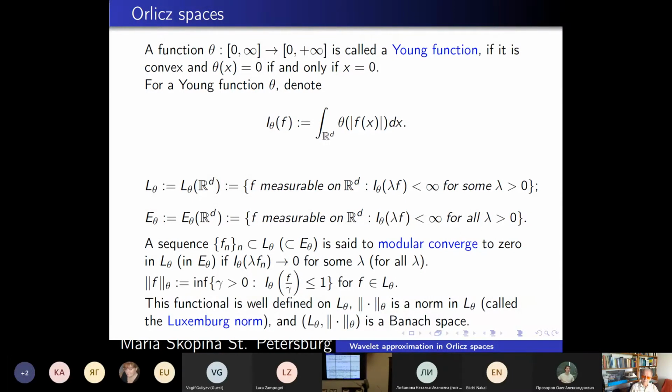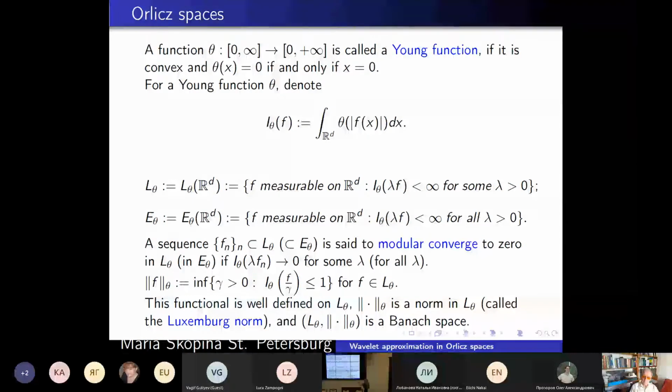This is the Luxemburg norm defined like this, and L theta with this norm, the Luxemburg norm, is a Banach space. It's easy to check. And so we have two types of convergence. One, this one, and another one, norm convergence.